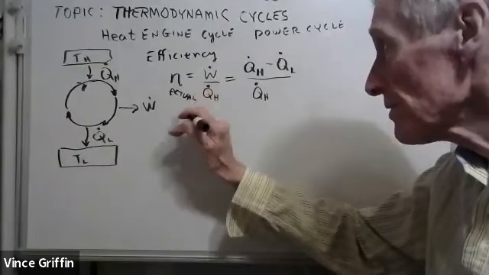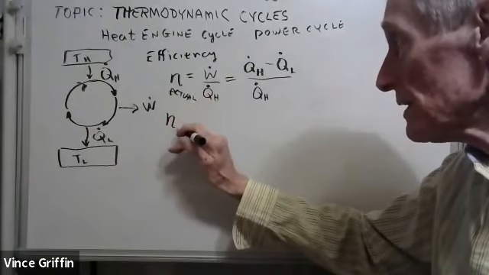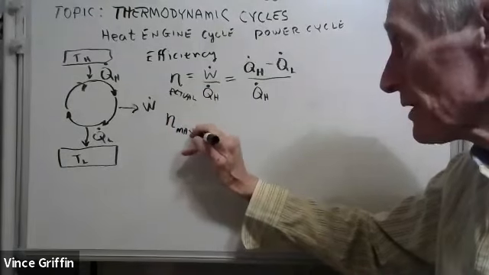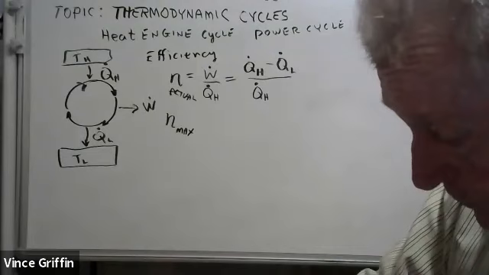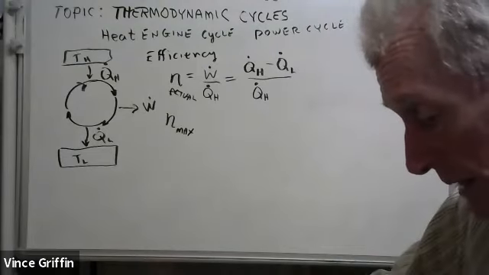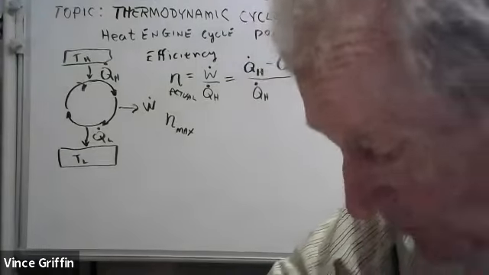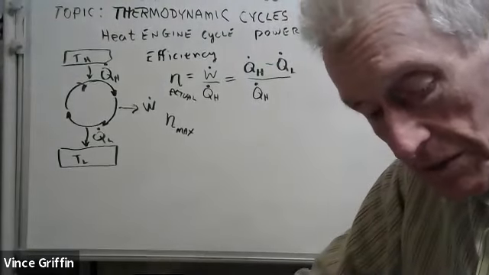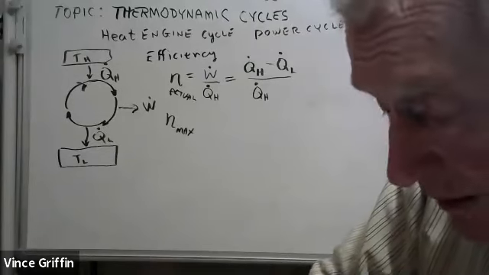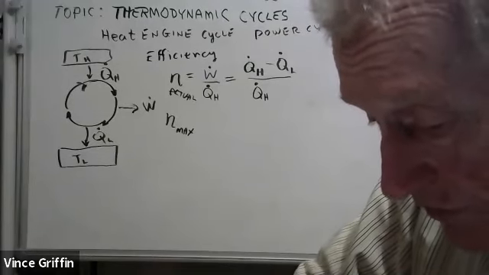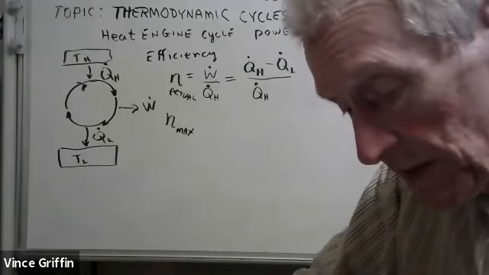Now, you got to understand now, this is the actual efficiency. There's another efficiency that's the maximum theoretical efficiency if the thing ran perfect. If it didn't have any, what they call irreversibilities. There's a section in your chapter about reversible versus irreversible processes.